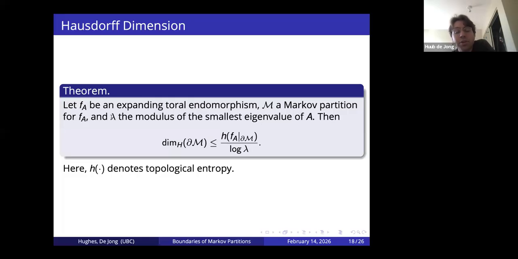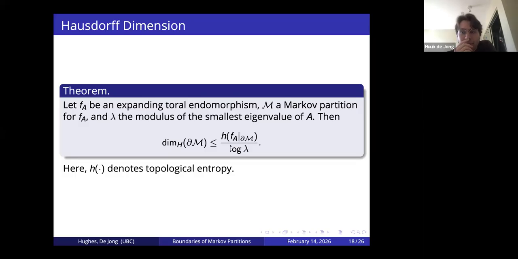Then the Hausdorff dimension of the boundary of this Markov partition is going to be at most the ratio of the topological entropy of my system restricted to the boundary, right? Remember, our boundary is invariant, so this is a dynamical system on its own, divided by log lambda.